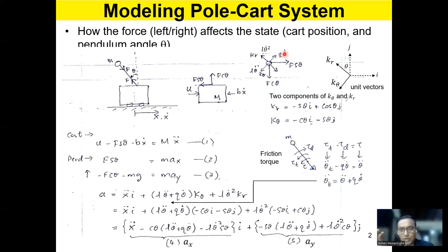It's not complete, I know, but at least this gives you a sense of completeness in your mathematical modeling. Okay. So this q theta dot is actually the resistance to the motion because of the air drag, basically. Okay.